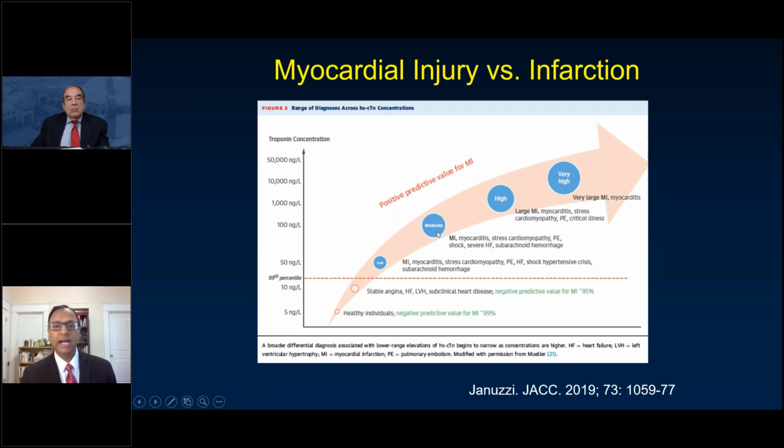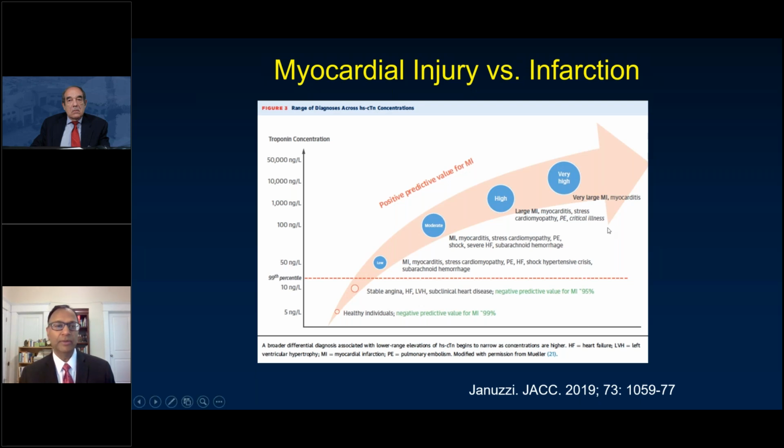When you start to get higher and higher levels of troponin, particularly in the 10,000 nanogram per liter range, which translates to 10 nanogram per deciliter in the standard troponin range, that's when you get to very large MI or myocarditis. So the higher the troponin is, the more likely you are to have an actual plaque rupture MI or a profound type 2 myocardial infarction.